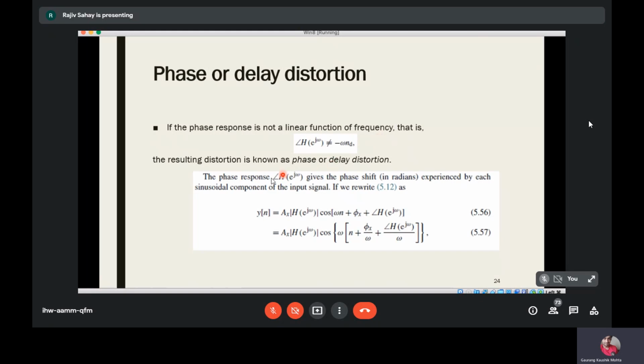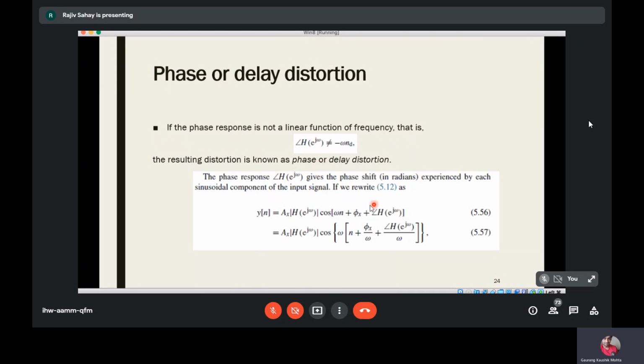So the phase response is also giving you the phase shift. That is what we have seen in that example, that from the phase response you have calculated how much the output sinusoid got phase offset with respect to the input sinusoid. So the phase response gives the phase shift in radians experienced by each sinusoidal component of the input signal.